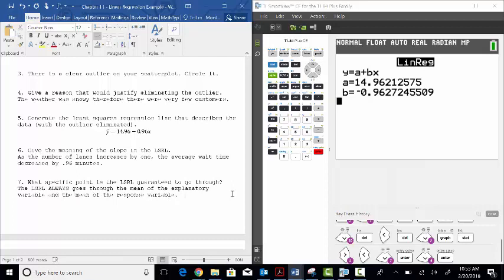So basically, your line will always go through the mean of the two variables. So if I took the data and found the mean for each, that point is what it would go through.